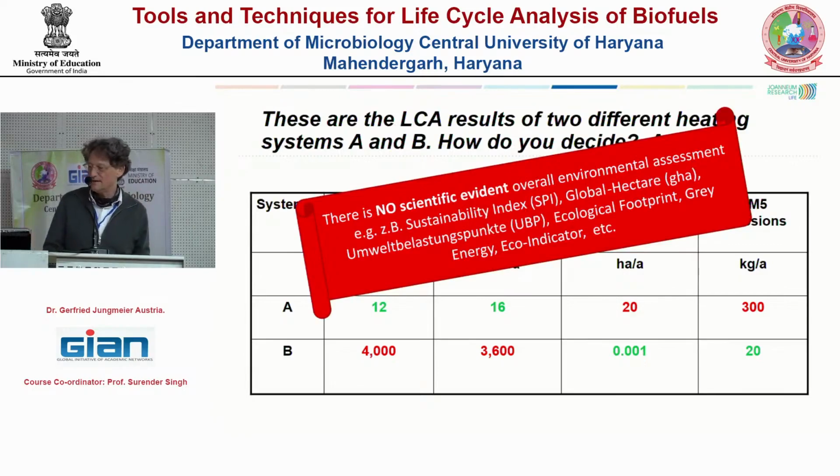We also have a big initiative in Austria. They count the global hectare, and nobody can tell me what a global hectare is. I see a hectare in agriculture, in forestry, a parking lot, but not a global hectare. They try to reduce all emissions and impacts to a square meter basis, and the Umweltbelastungspunkte. So I'm very skeptical of this.